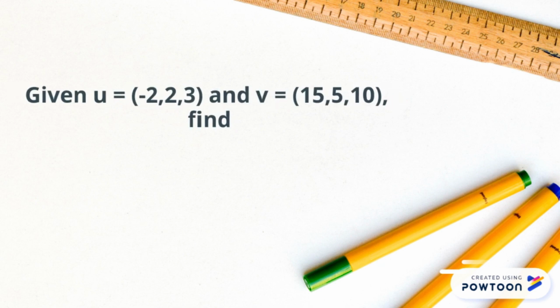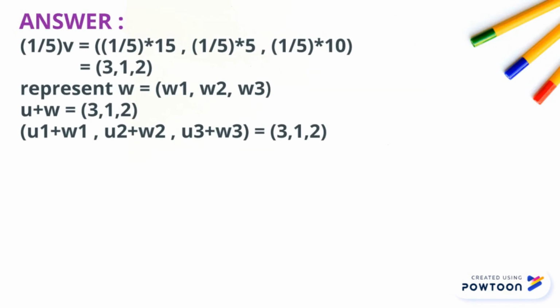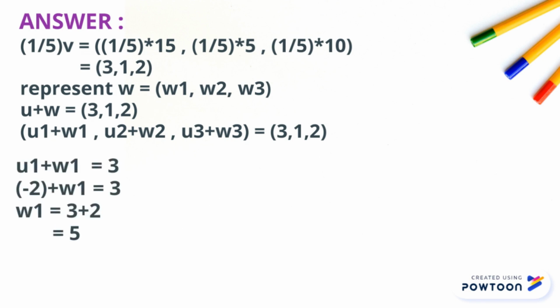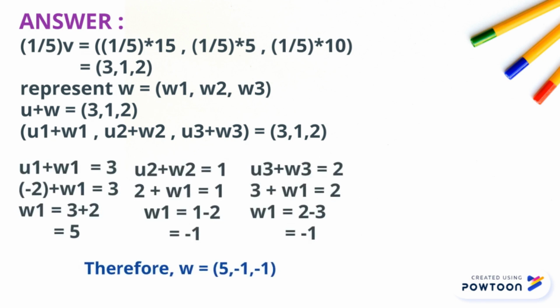Sometimes the question is to find w if v plus w equals 1 over 5v. In this question, first you calculate the 1 over 5v and represent w in w1, w2, and w3. So you can do it this way and find out the answer.